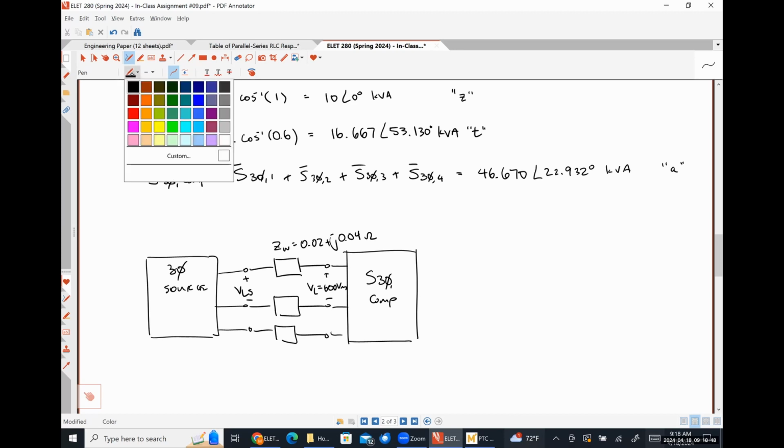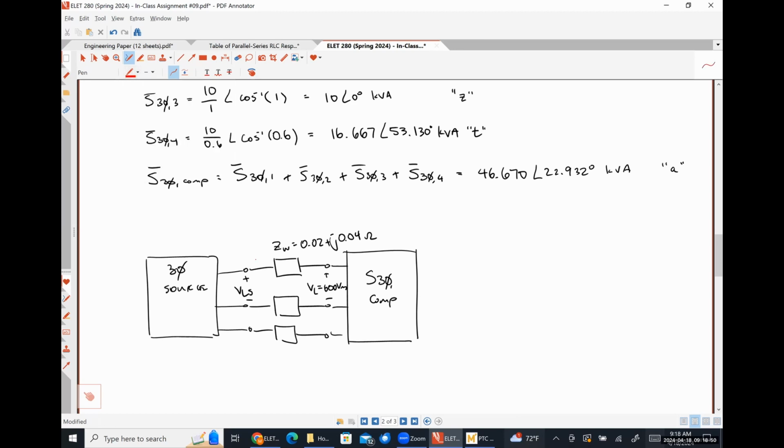So the current IL here, only dealing with a magnitude, is going to be the exact same current that's flowing into our load. Are we okay with that sentiment?